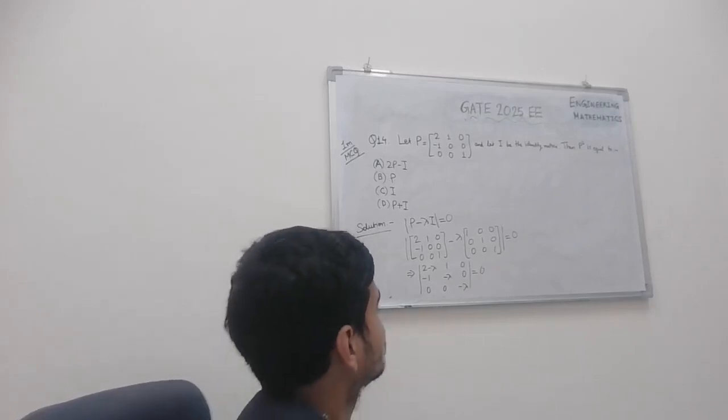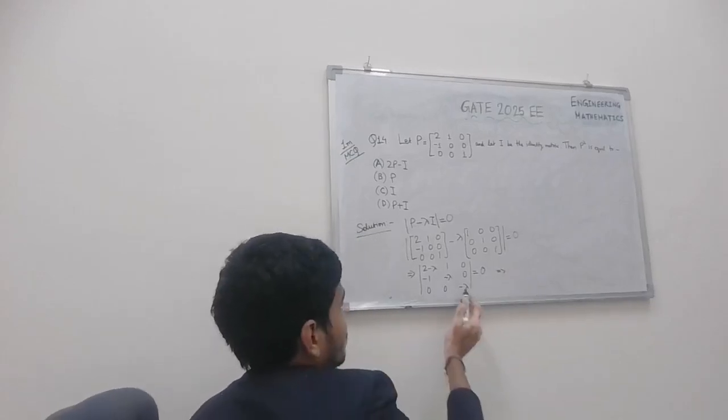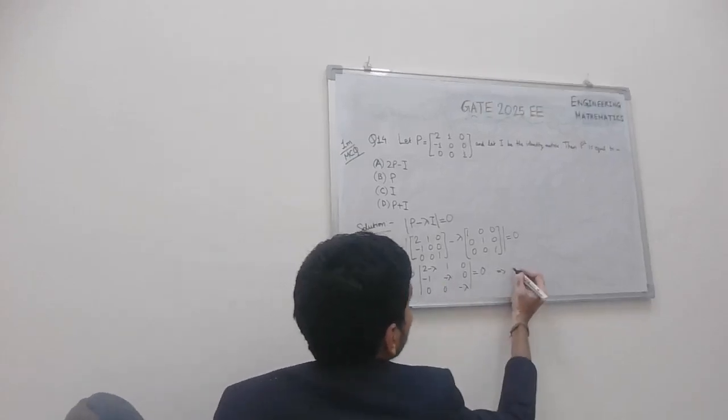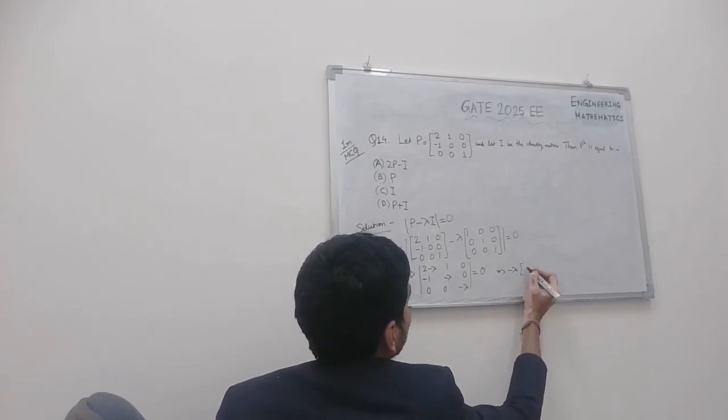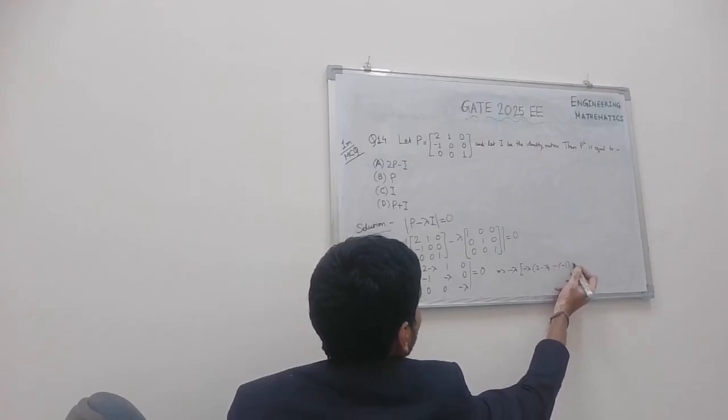Now I will take the only element to get what? 1 minus lambda times (2 minus lambda)(minus lambda) plus 1.